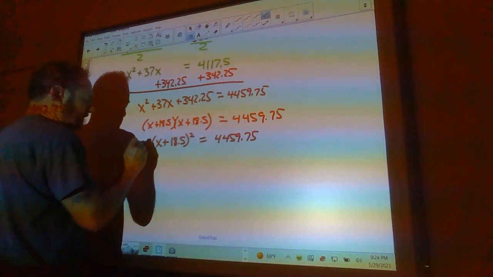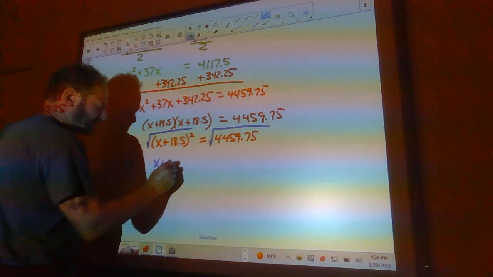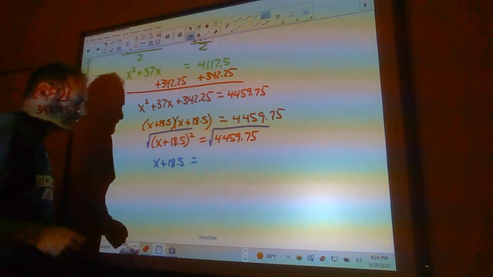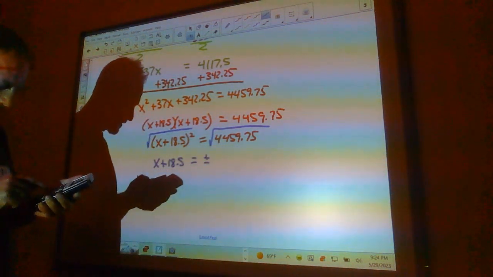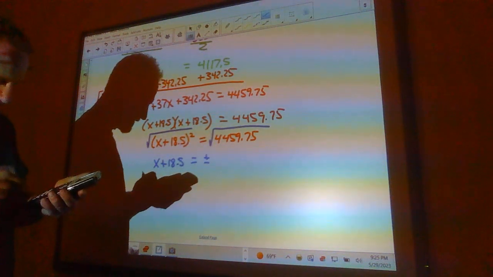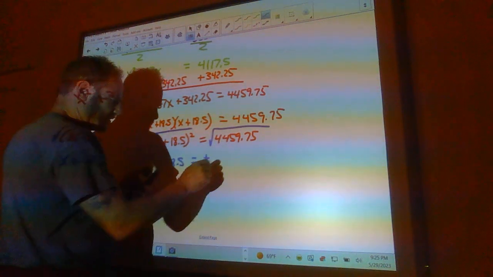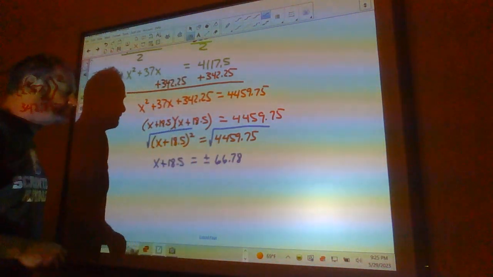Okay, let's square root both sides of this. So I'm going to get x plus 18.5 equals plus or minus the square root of 4,459.75, which is 66.78 approximately.